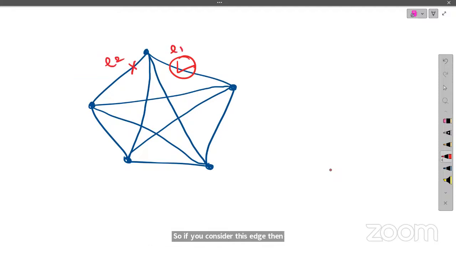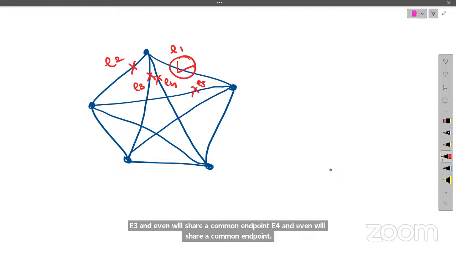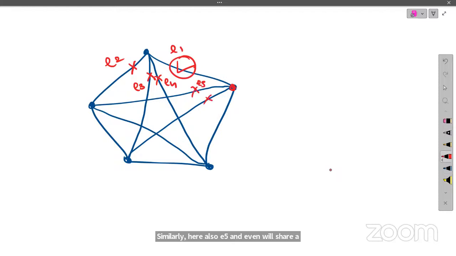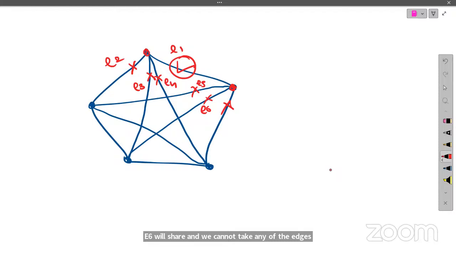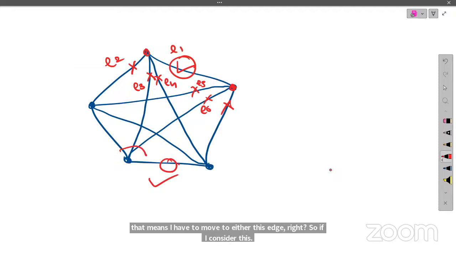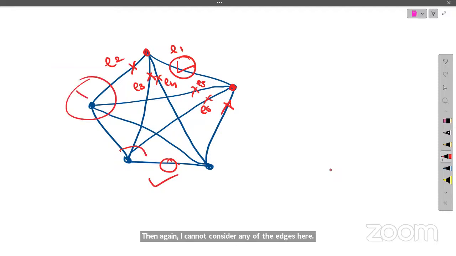E2 and E1 share a common endpoint, E3 and E1 share a common endpoint, E4 and E1 share a common endpoint. Similarly, E5 and E1 share a common endpoint, and E6 also shares, so we cannot take any of the edges here. So I have to move to another edge, and if I consider this edge, then again I cannot consider any of the edges here. So ultimately, this particular vertex will be abandoned.